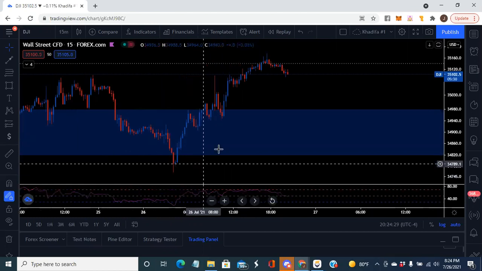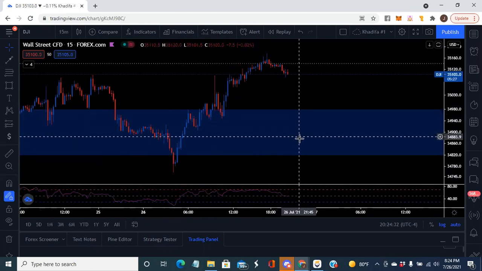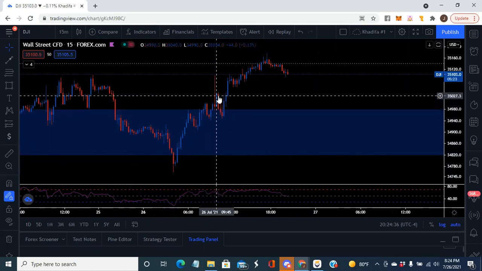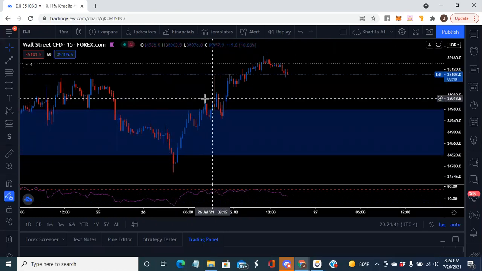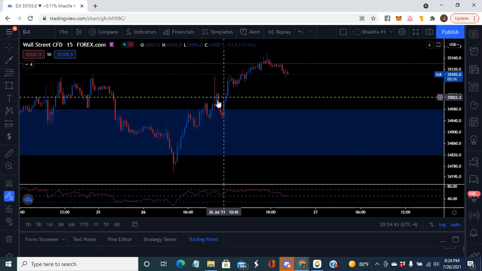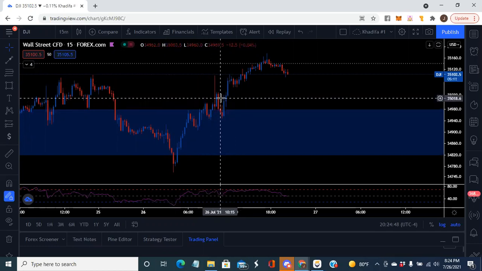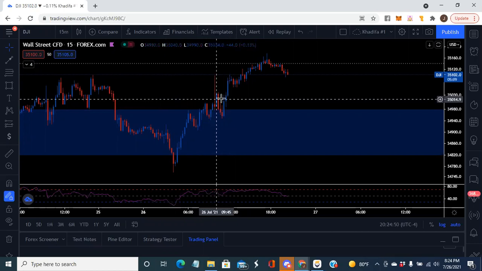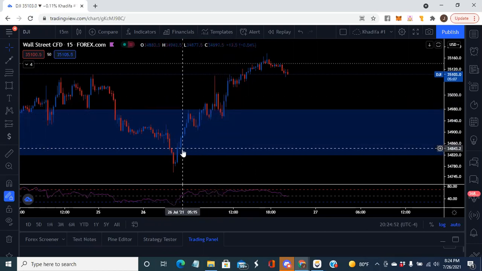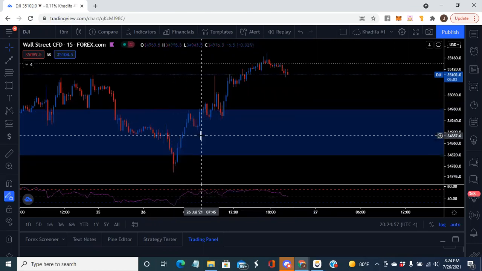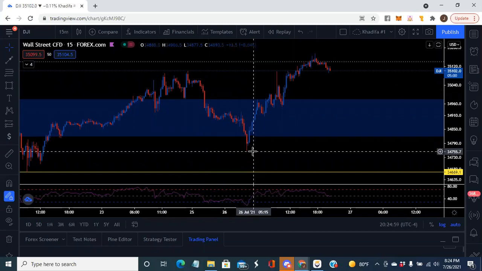So I expect for U30 to keep on pushing on down, first filling in this imbalance, and then we see how price action reacts when it gets here to fill in this imbalance, and see how price action reacts off of this structure here. And then if we break below, then we can expect for this imbalance to be filled in and this previous low to be revisited.